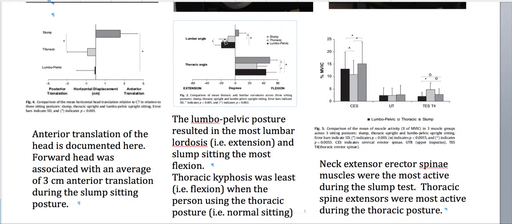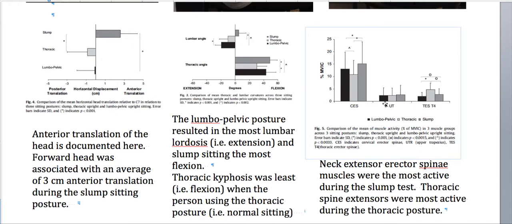For the lumbar angle, for the lumbopelvic or anterior tilt position, there was much more extension, upwards of 20 degrees in the lumbar spine, versus for the slump, there was 5 degrees on average, 5 to 10 degrees. And the thoracic angles were much more extended for the thoracic position, or the normal position, and flexed for the other 2 positions.